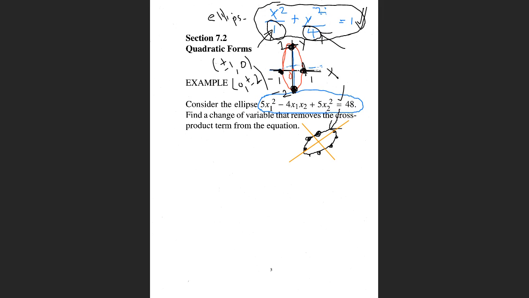They're different axes. So if we could identify these new principal axes, then the ellipse would be just as easy to graph as an ellipse that you learned back in high school. And so that's what we're going to do here. Are there any questions?